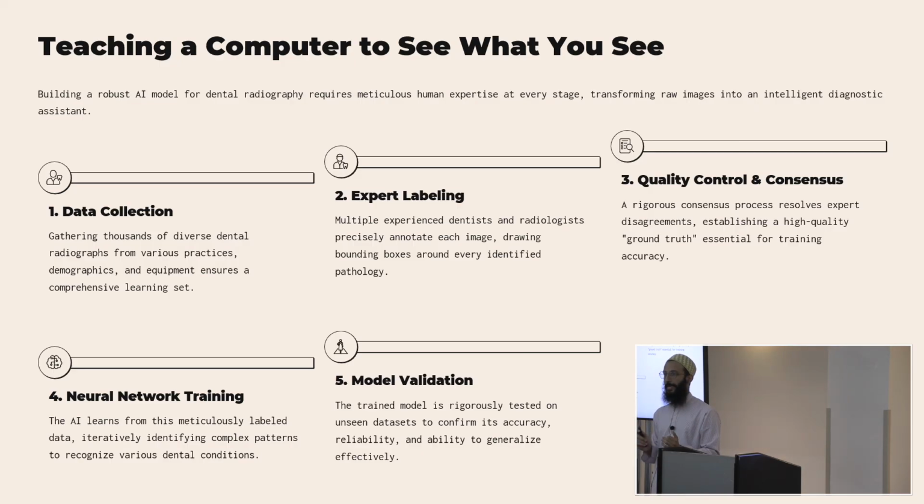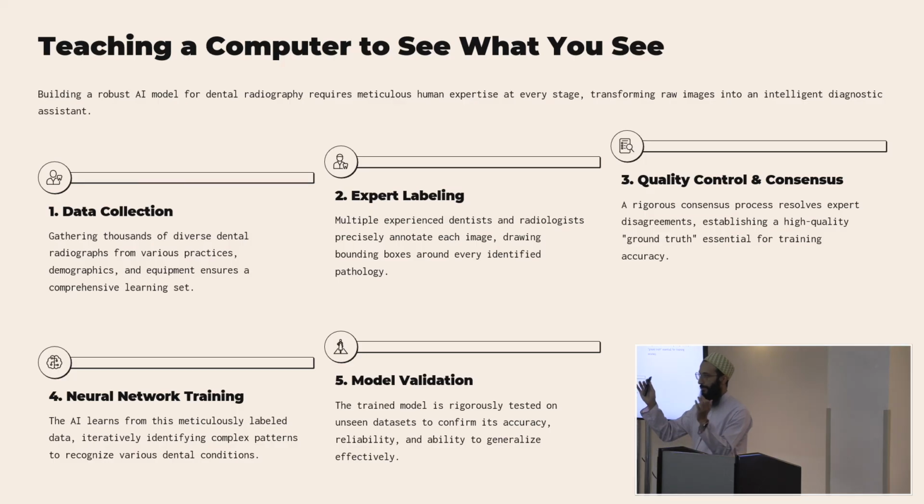And then I pay a bunch of dentists to annotate those images and say, hey, this is caries, this is calculus, this is a periapical radiolucency, et cetera. So basically Pearl, when it was started, paid dentists to annotate thousands and thousands of images. Right? So that was the first step in order to train any model.